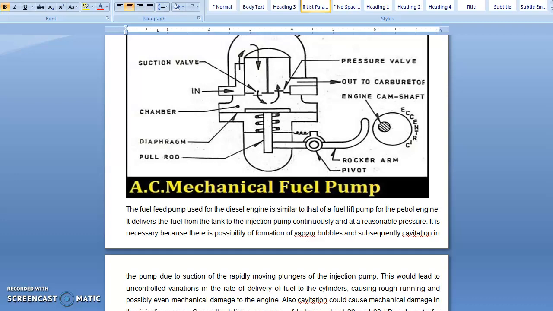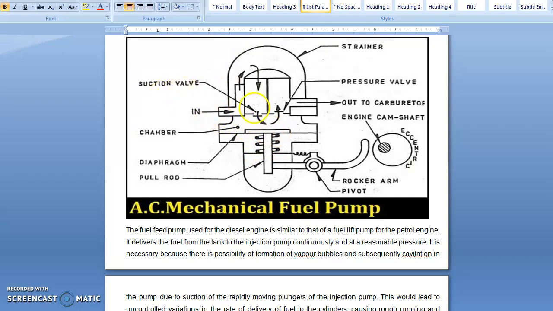As the figure shows, this is a diaphragm type mechanical pump. Here we have a cam which is rotated. Here is the rocker arm. Here we have a pivot, and here a chamber, and this is the diaphragm, and this is the pull rod, and we have a spring under it. The main components are the suction valve, here, and the output valve or pressure valve.